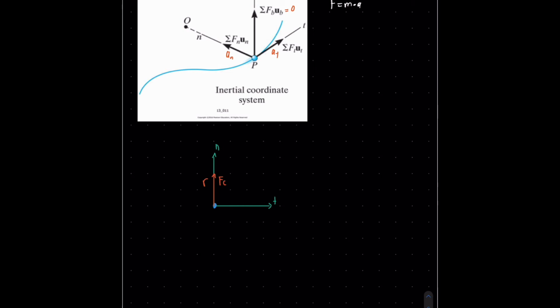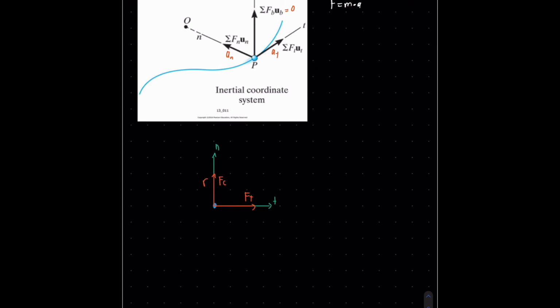And there is a tangential force acting in the tangential direction, going in the direction of the velocity, and also the direction of motion, going along the curve here.